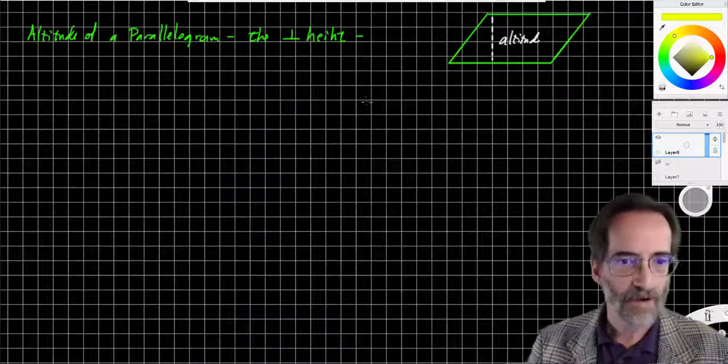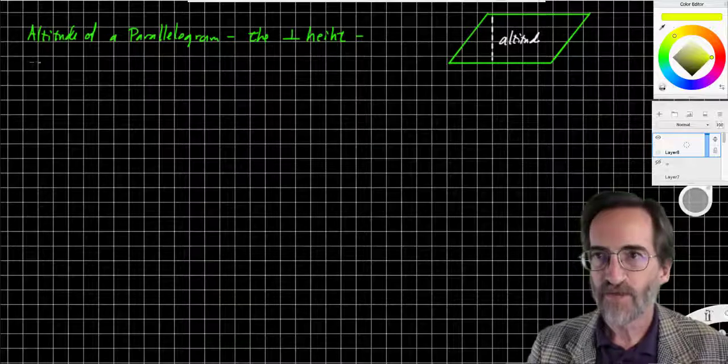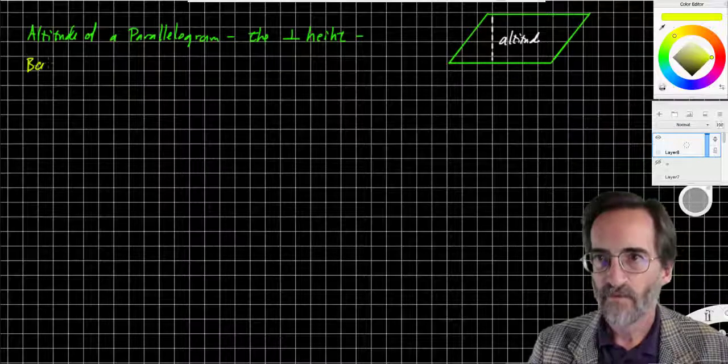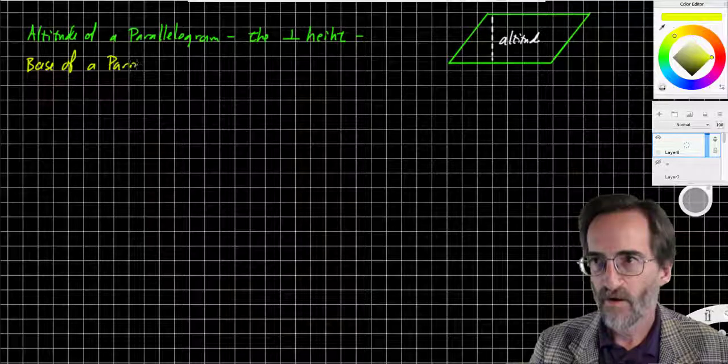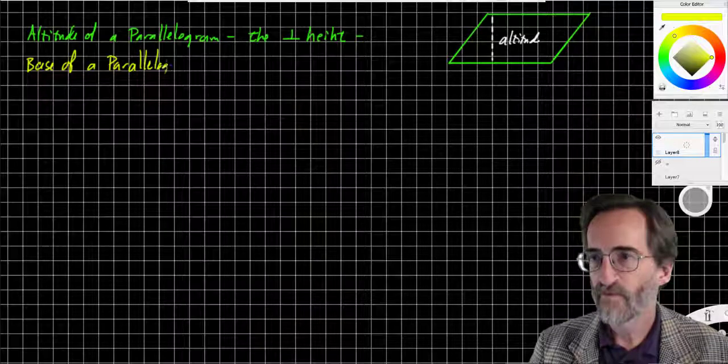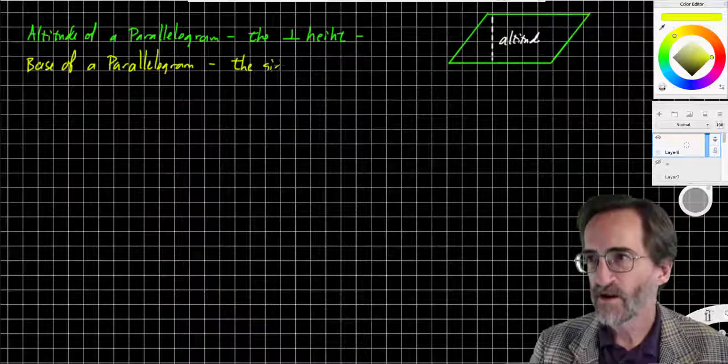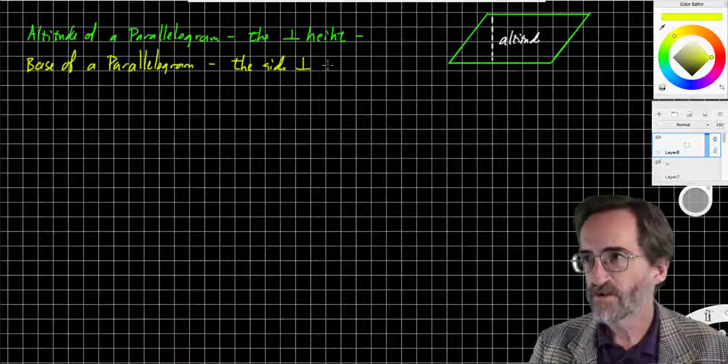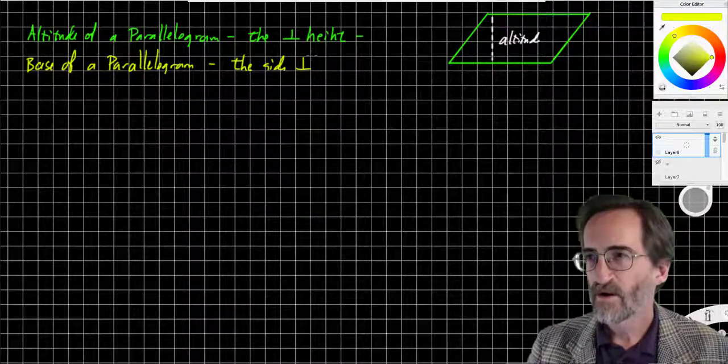Altitude of a parallelogram. Base of a parallelogram. The side perpendicular to the altitude.